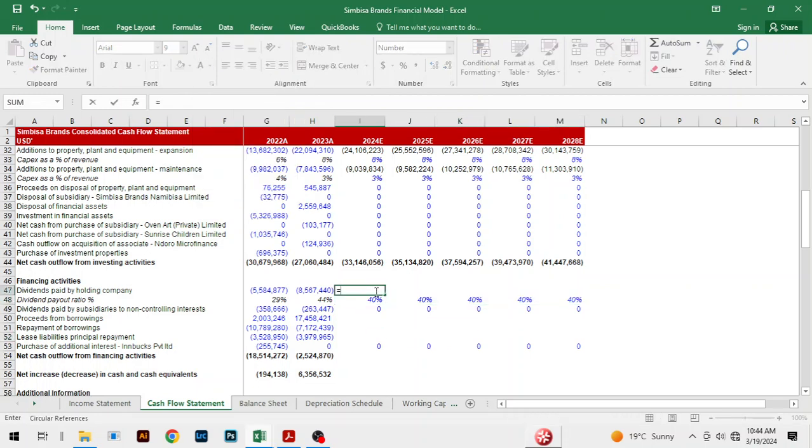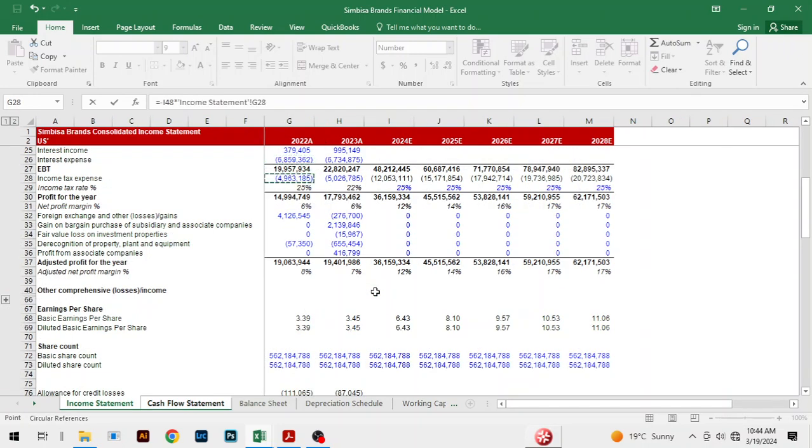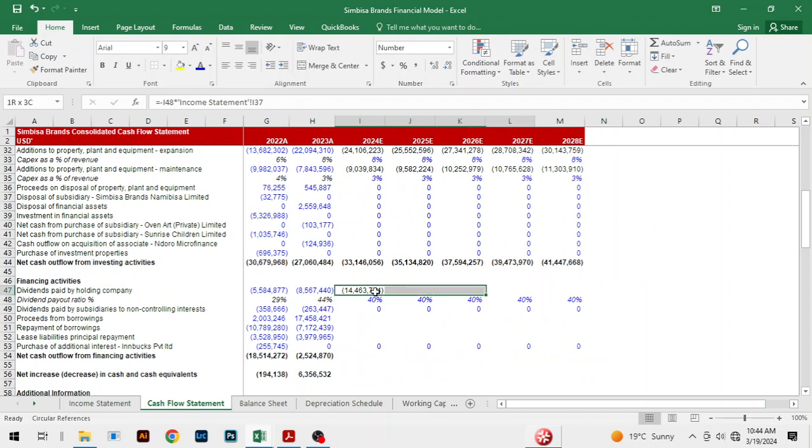And then here let's say negative multiplied by, we take the adjusted net profit for, just like that.